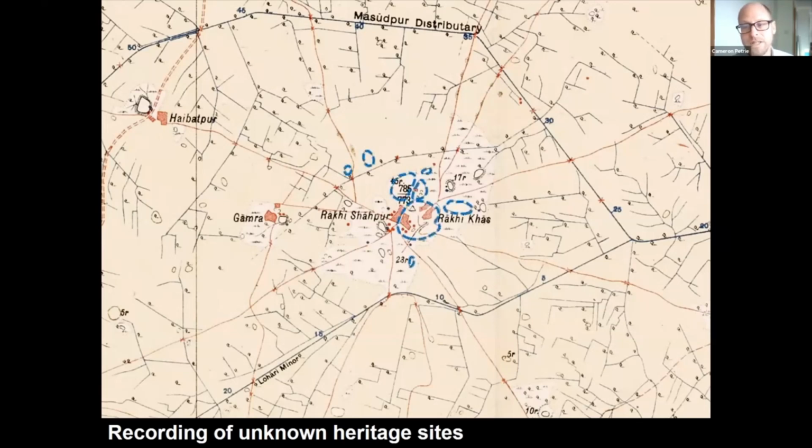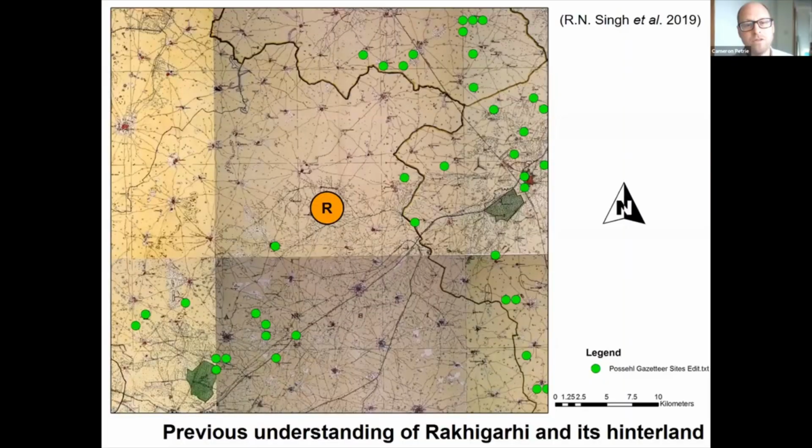So we can see that even at this point in time, if archaeologists had known what to look for, they would have already been pointed in the right direction in terms of features that could be documented. In addition to looking at sites like Rakhigarhi, we've also looked in the areas around Rakhigarhi. This is a map showing the location of Rakhigarhi in the center. The green dots show the location of the known archaeological sites before a systematic survey had been undertaken.